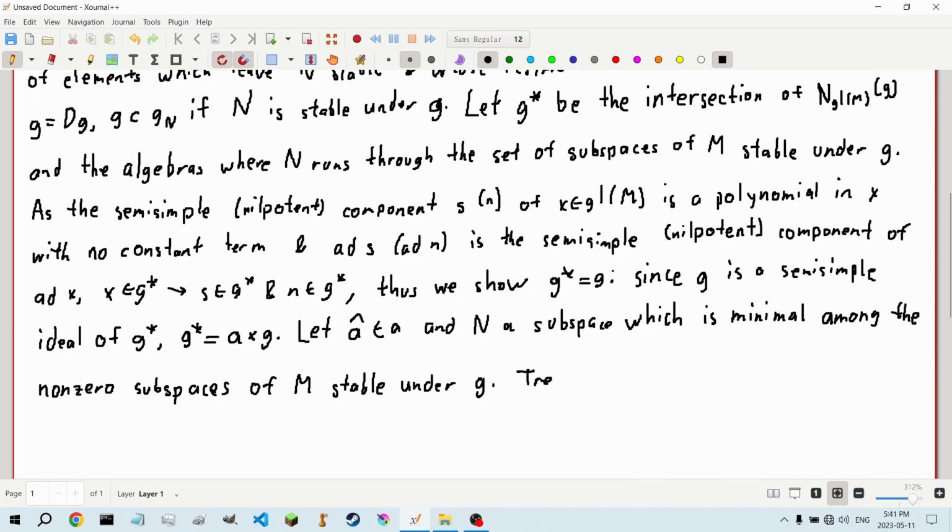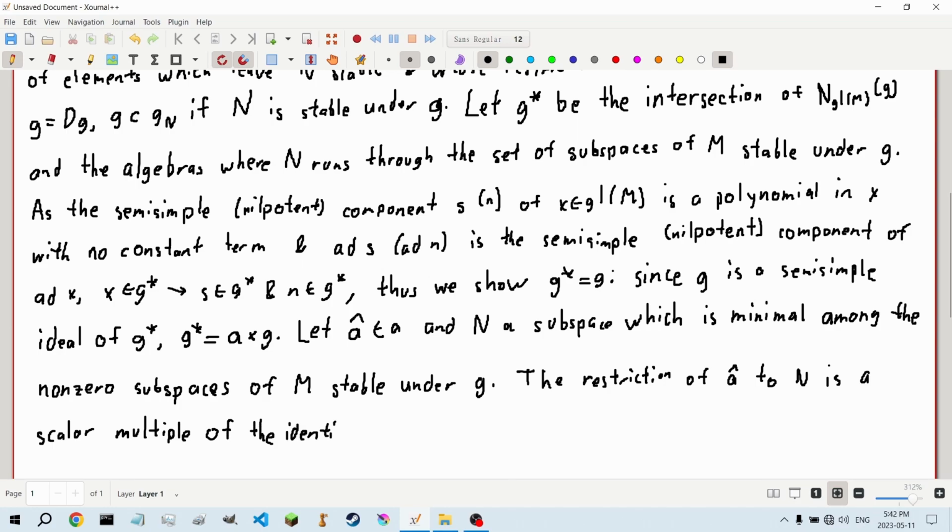The restriction of A hat to N is a scalar multiple of the identity. This is, of course, by Burnside's theorem.